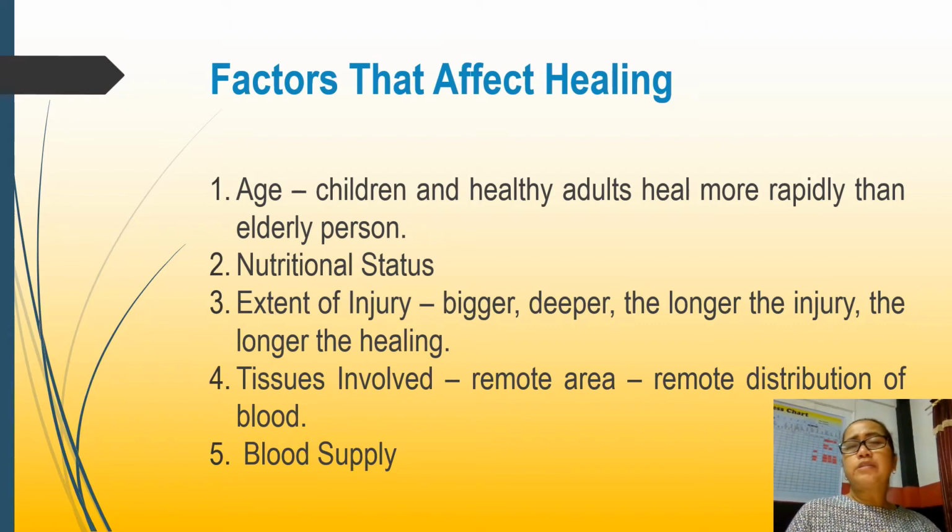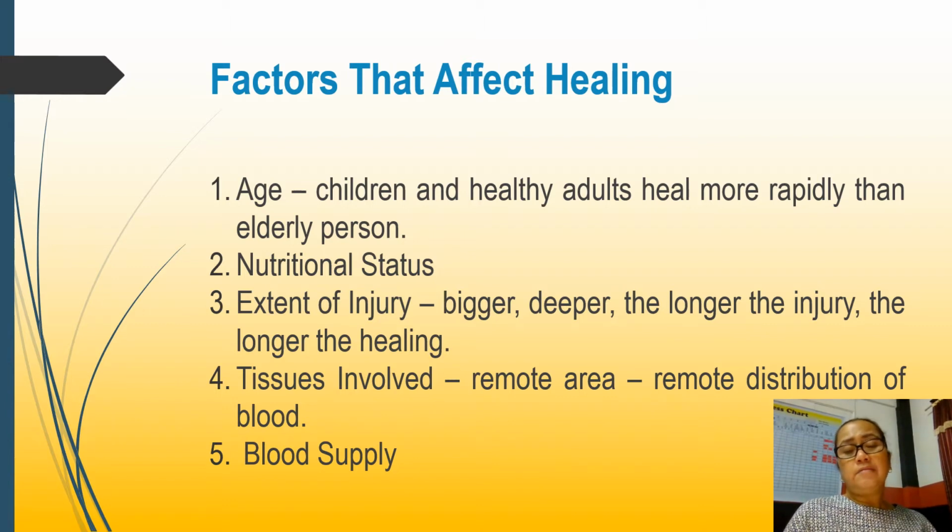Remember, the oxygenated blood comes from your heart, carrying oxygen from your lungs. Pag ato niya dito, bringing now your nutrients, pagbalik sa dugo, dugay na siya makabalik sa imong heart, especially if you're already old, because the blood vessels already atrophy. What do you mean by atrophy?